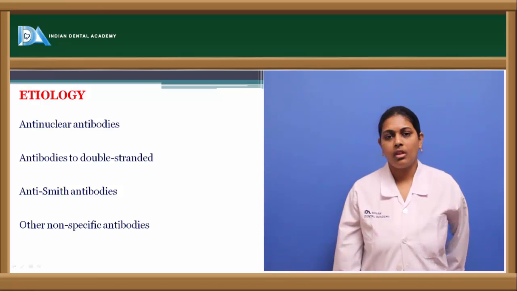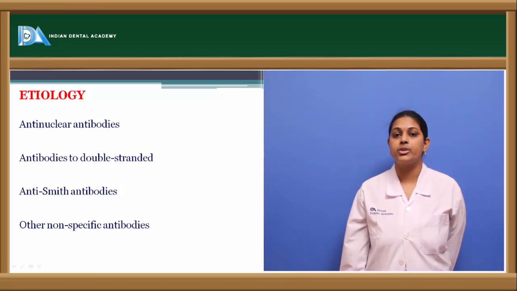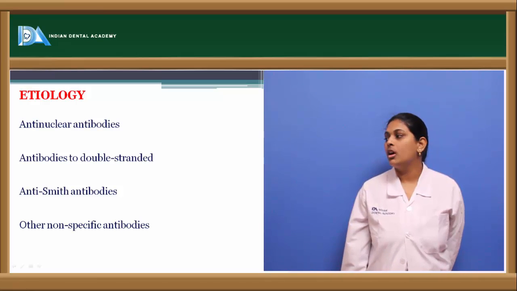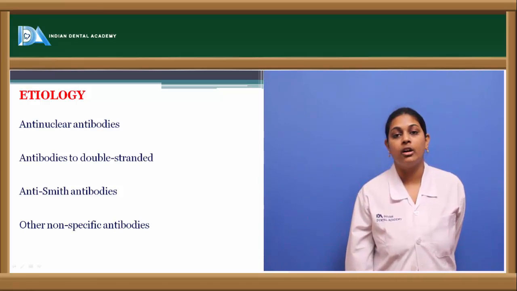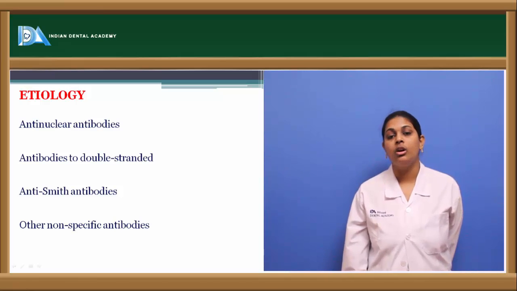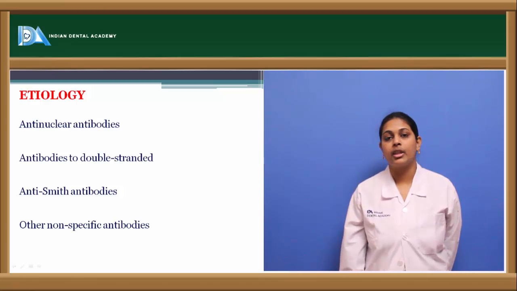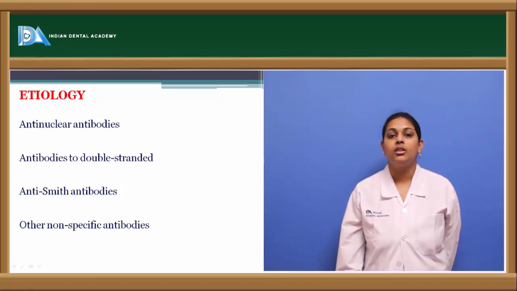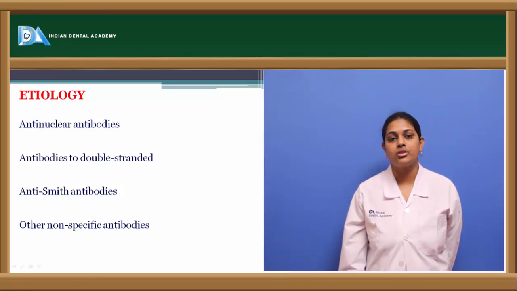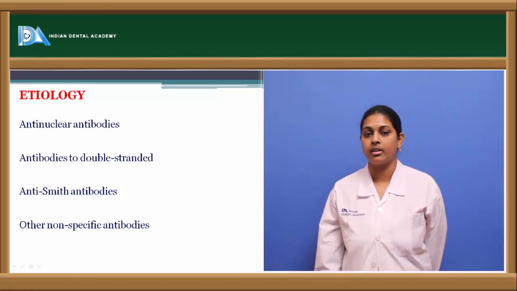So these antibodies could be antibodies to double-stranded DNA, or to RNA, and also to the Smith antibodies. That is, Smith is a region of the ribonuclear protein, the envelope of a ribonuclear protein. So antibodies even to this Smith antigen have been identified in systemic lupus erythematosus.